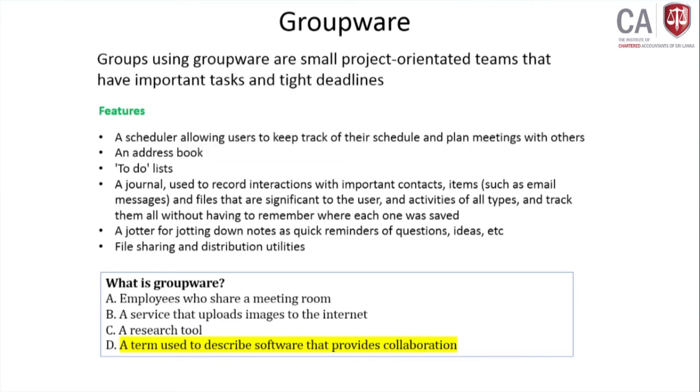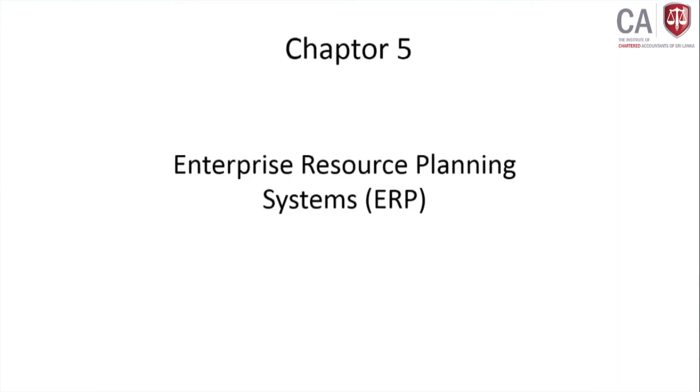So, that is the thing that you have to remember for identification purposes. Chapter 5, Enterprise Resource Planning, ERP. This word ERP was described briefly in some of the chapters. So, there is a separate chapter for ERP. So, for the ERP chapter, chapter 5, there can be more questions coming in the examination.